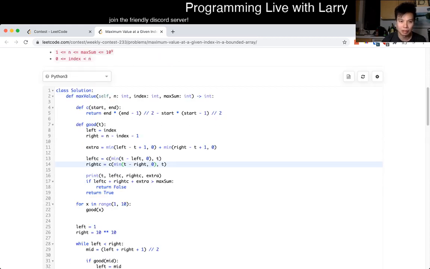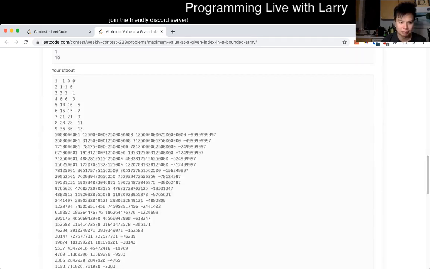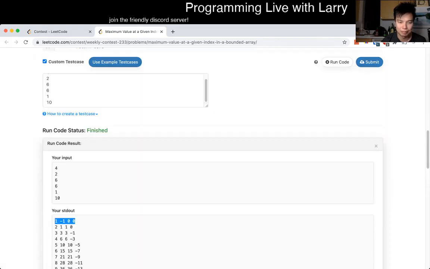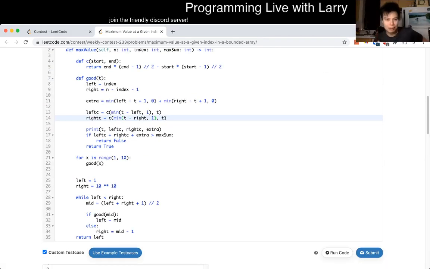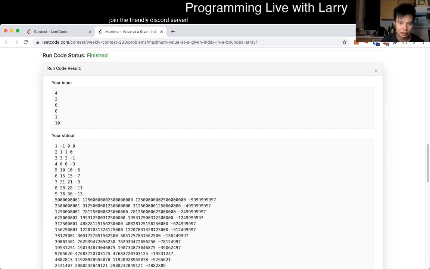So if left is 0, then we want this to be at least 1 maybe? Yeah. If there's no numbers to the left, then this should net out to 0. So left is equal to 0, so that's T, and this should be 0. Oh no, because left is not equal to 0.